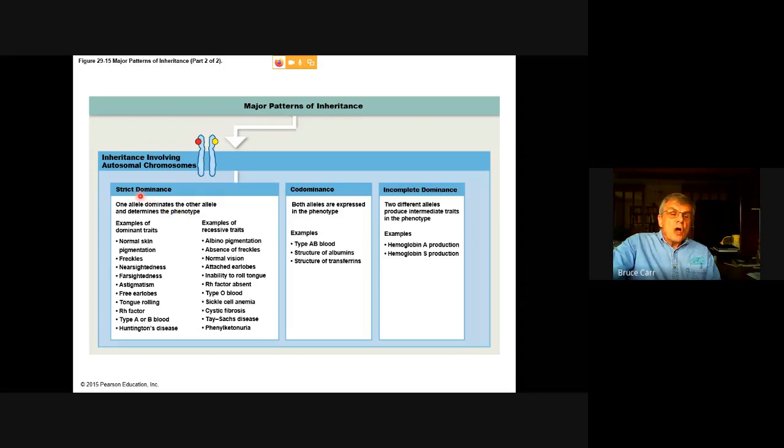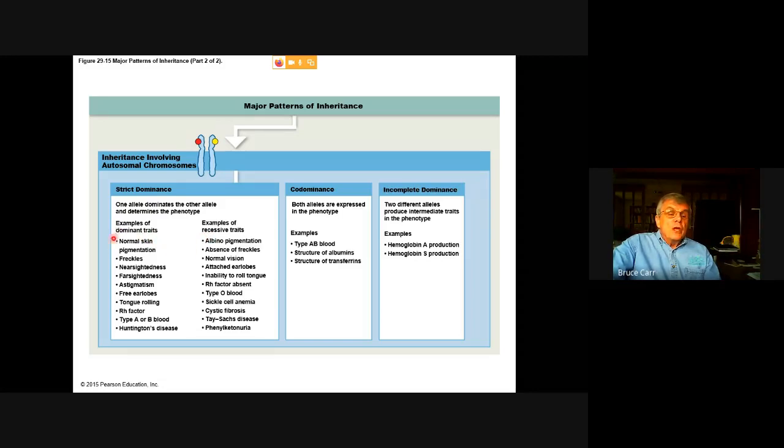So strict dominance in humans is observed in a number of traits. And here the important thing is to compare the dominant trait with its recessive counterpart. They always occur in pairs.